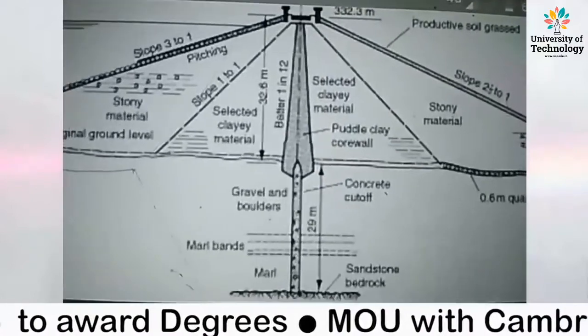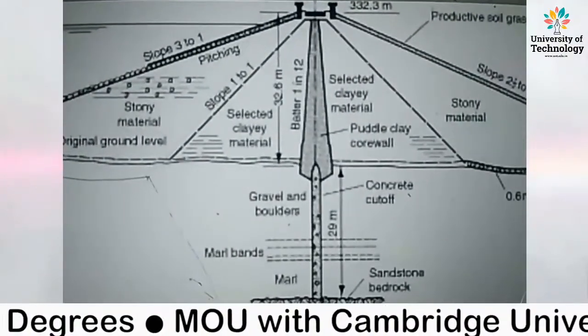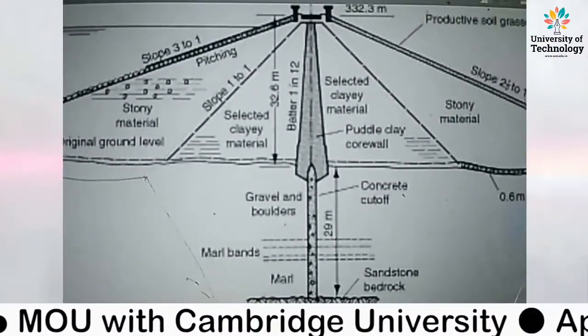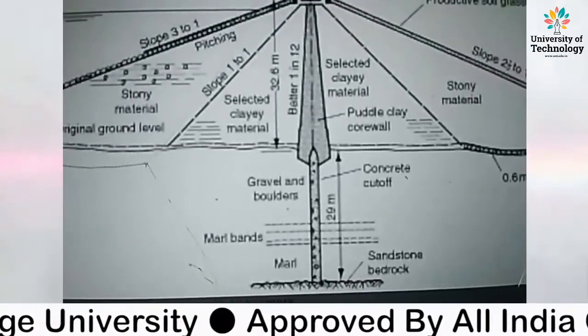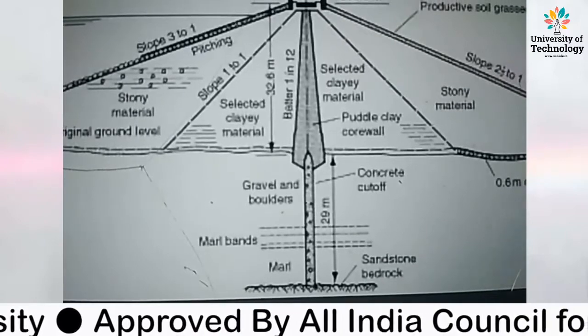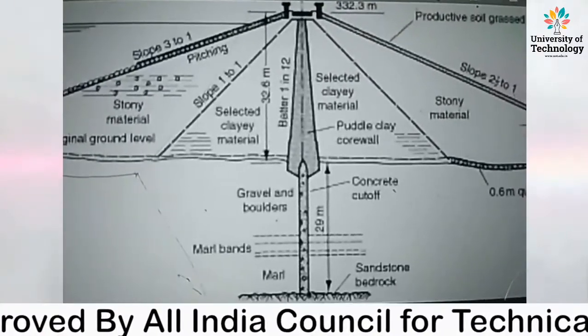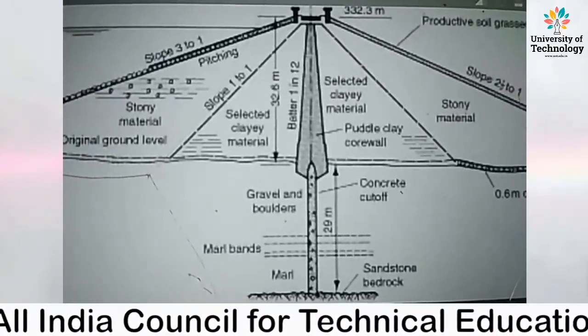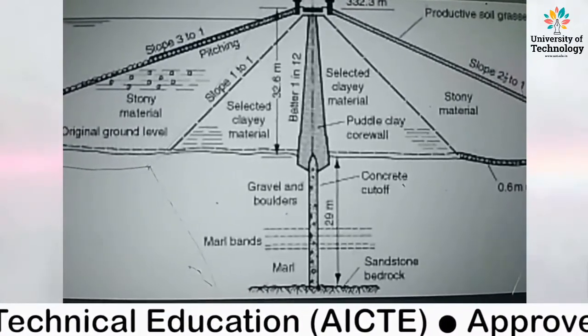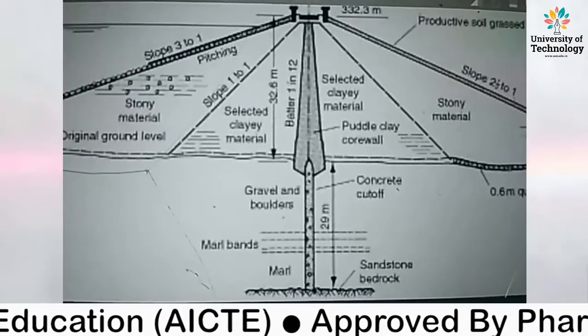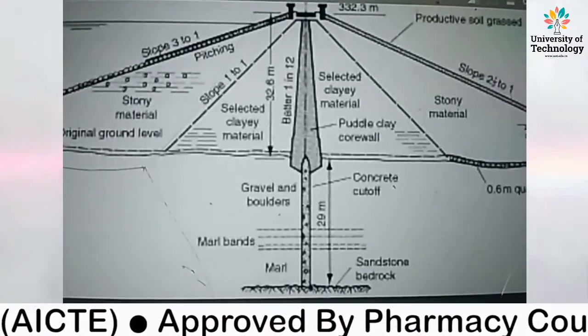There may be several types of cutoff wall according to the construction, the site availability, and the soil condition of the particular place at which the dam is to be constructed. Okay, so there are several terms.